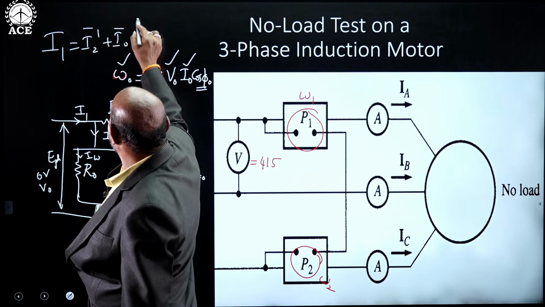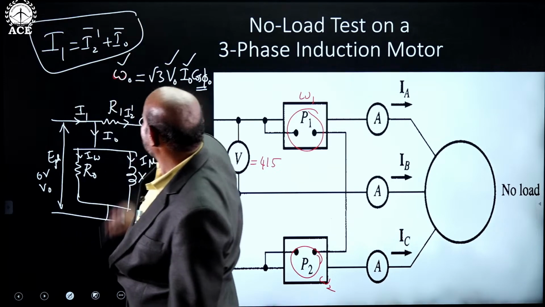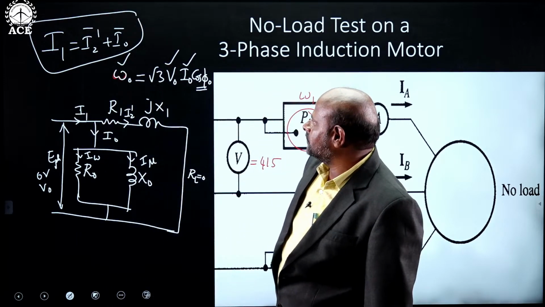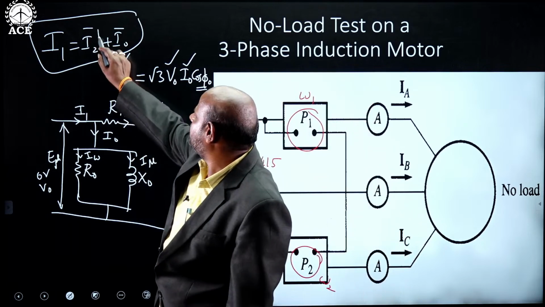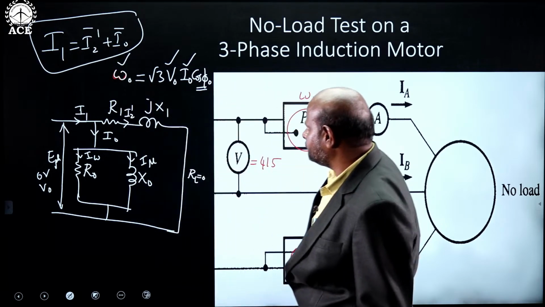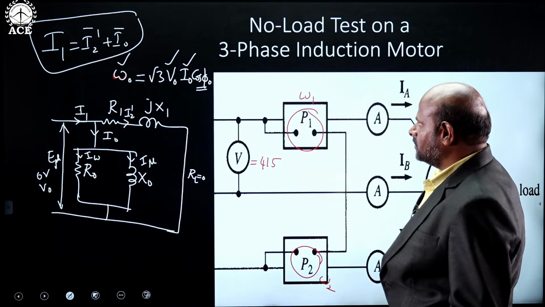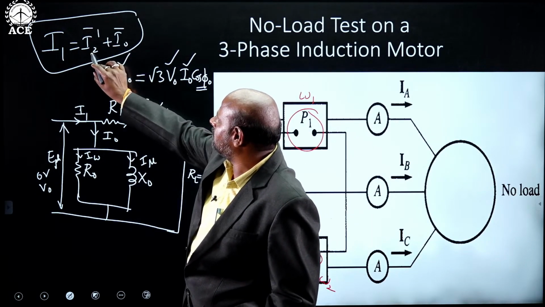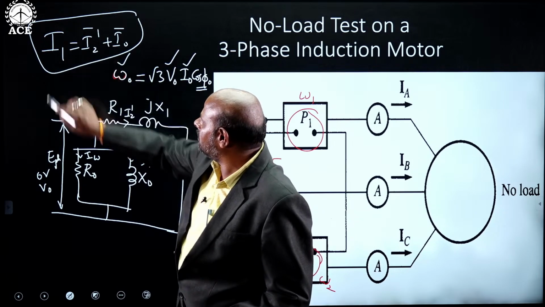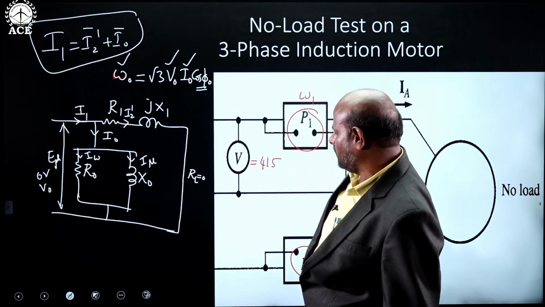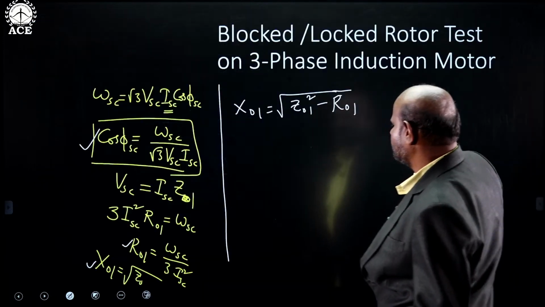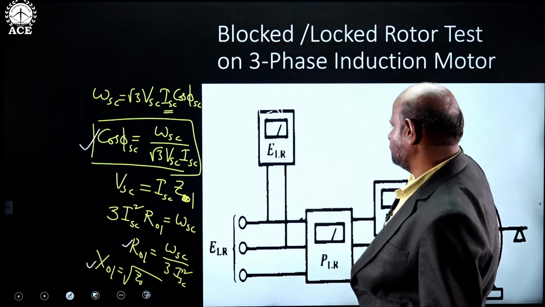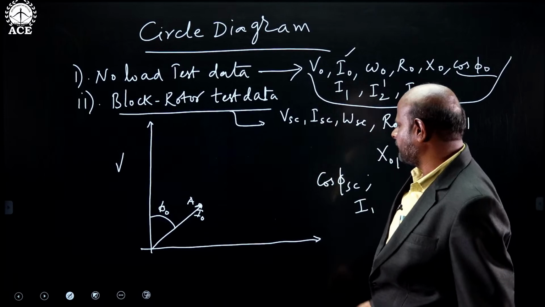This is the phasor term we have to consider. So I1 is the phasor sum of I2 dash and I0. First of all we have already drawn I0, then draw I2 dash, then the resultant current will be I1.